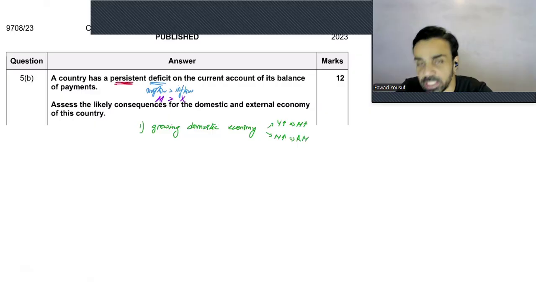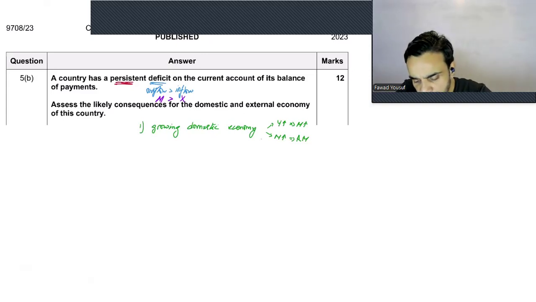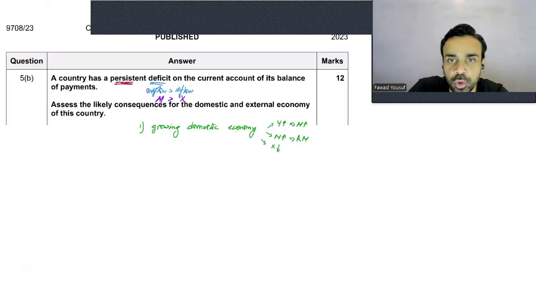You're importing raw materials, you're importing machineries and things like that. ठीक है, and at the same time, because your economy is growing, your domestic demand is much higher, so you don't have much products to sell abroad, resulting in exports falling down. ये एक growing economy की situation होती है. तो imports are high, exports are not really growing.